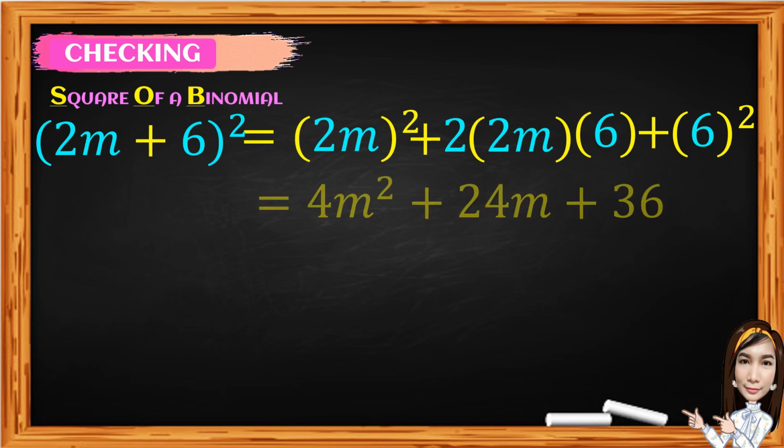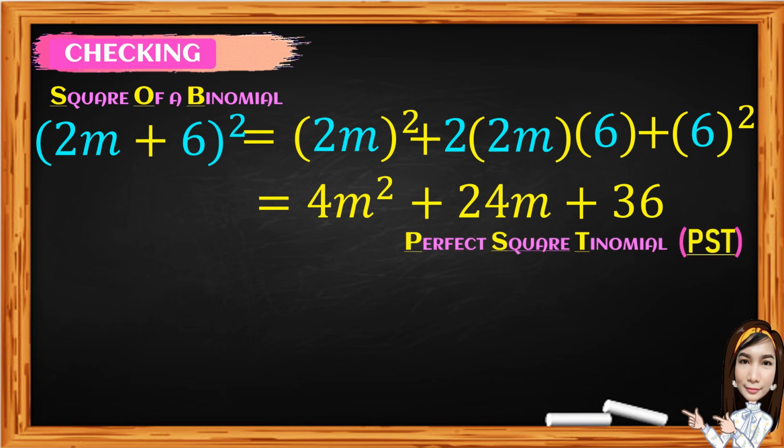So simplify, 2m times 2m, we have 4m squared. Positive 2 times 2, we have 4 times 6, we have 24m. Plus 6 times 6, we have 36. So the product is 4m squared plus 24m plus 36, which is the perfect square trinomial or PST. So you got it correct.